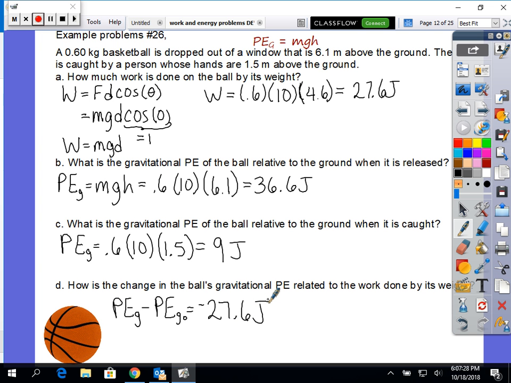And notice the work is positive 27.6. This equals negative the work done by gravity. So the change in potential energy is equal to negative the work done by that force.